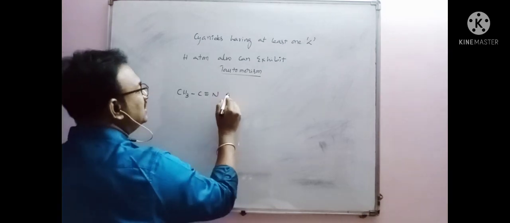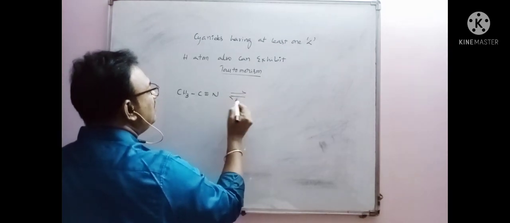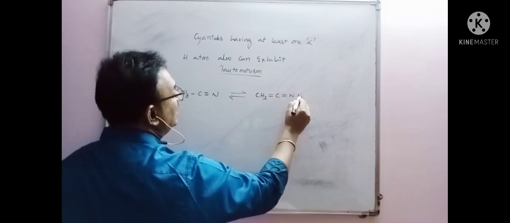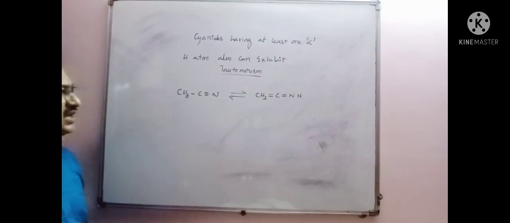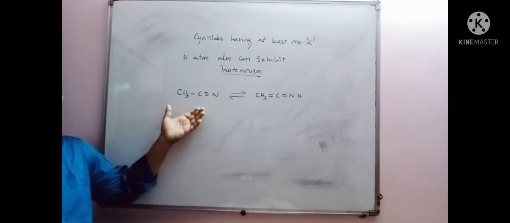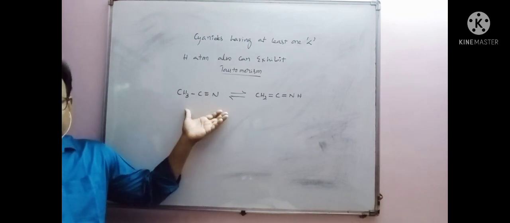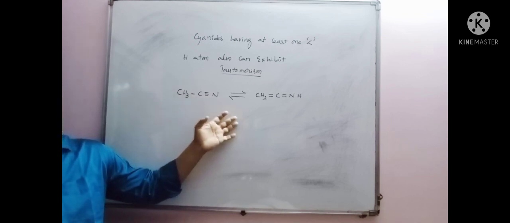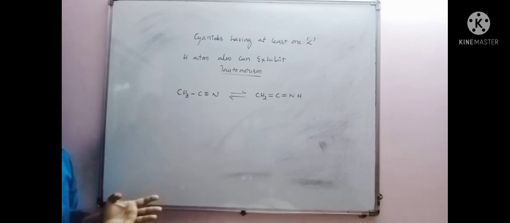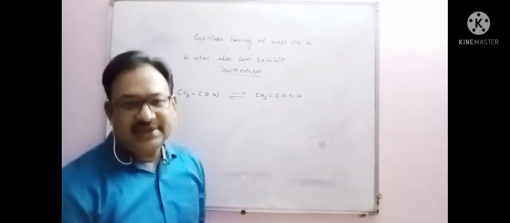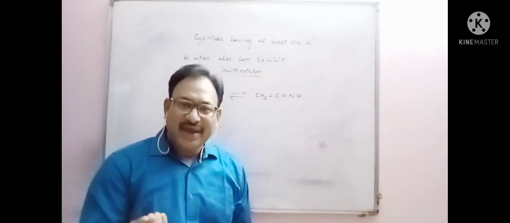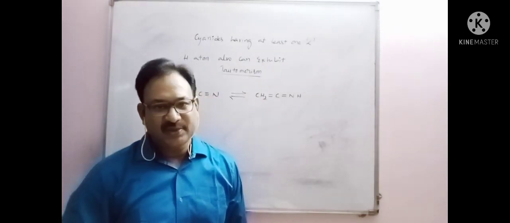CH3 C triple bond N is in equilibrium with CH2 double bond CH double bond NH. So this kind of isomerism is considered to be tautomerism, and the two isomers exist in equilibrium. So aldehydes, ketones, nitro compounds and cyanides having alpha hydrogen can exhibit this tautomerism.